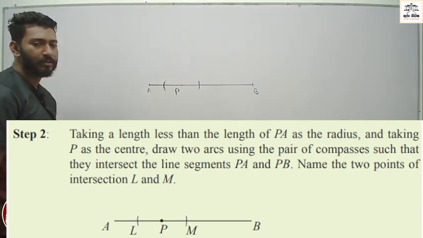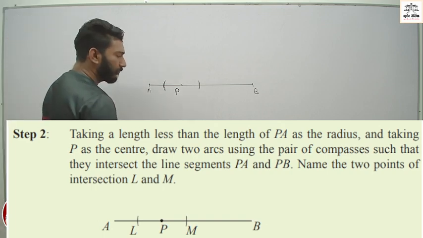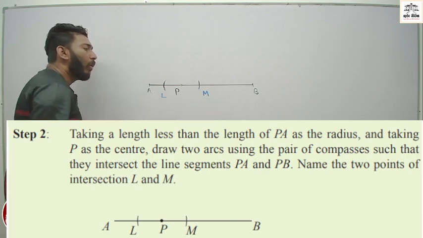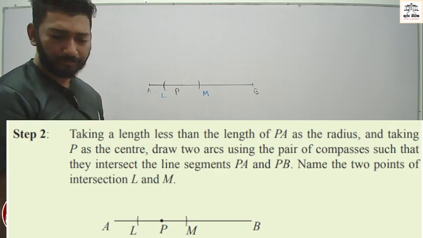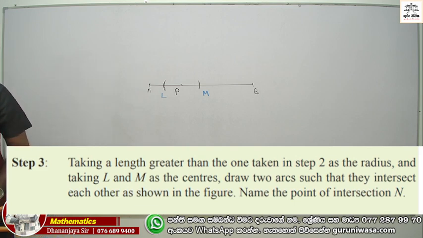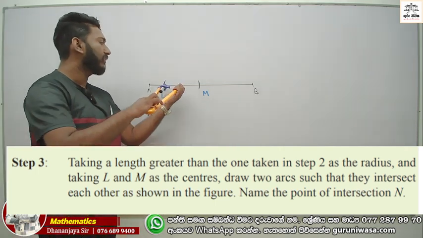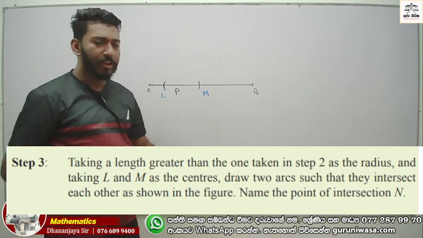Right. Now name the points M, L, and N. I'm going to mark this as L, and this point is M. Right. Next step. Taking a length greater than the one taken in step 2. Now we take a greater length than before, like this, as a radius.